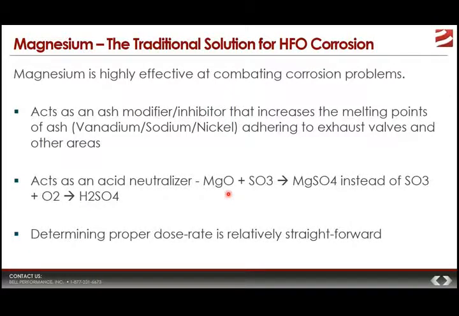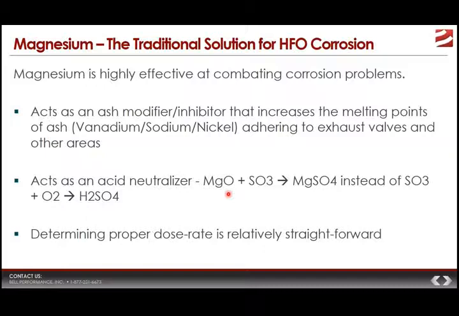Basically what it does is it mixes itself in with these vanadates, and so instead of having a simple combination of vanadium and sodium and oxygen, you have a combination of vanadium and sodium and magnesium. And what that does is it really raises the melting points of these deposits.